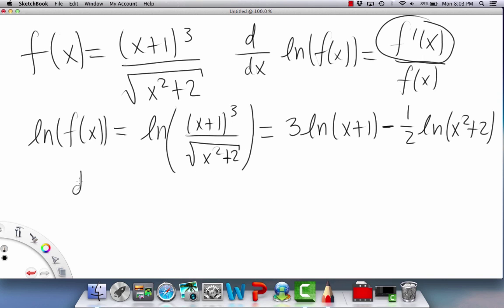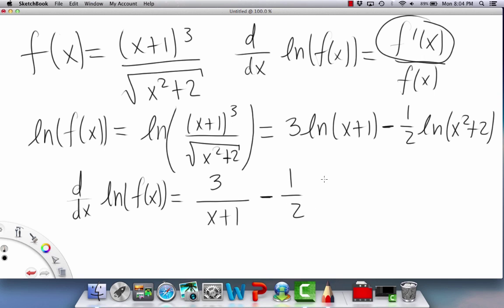So the derivative d/dx of ln f(x) is now 3 over x plus 1, minus 1 over 2 times 1 over x squared plus 2, and we can't forget the chain rule, so times the first derivative of the inside, which is 2x.